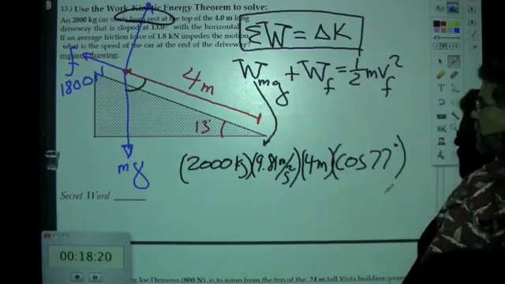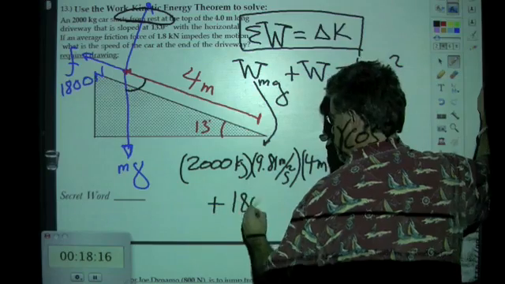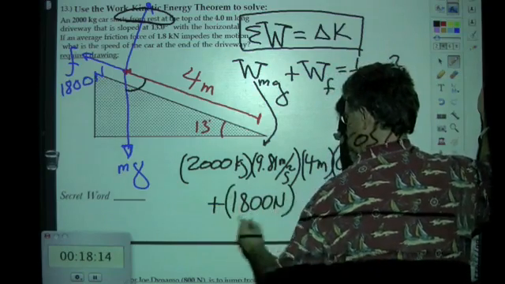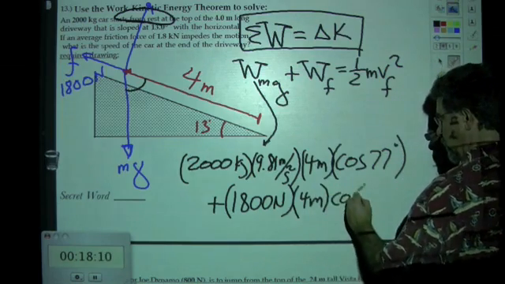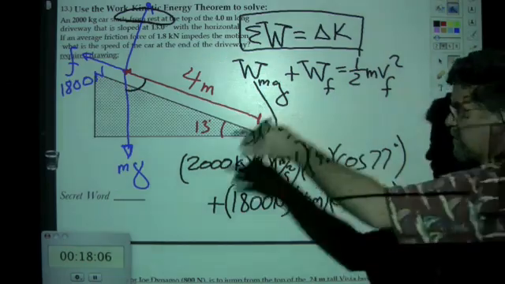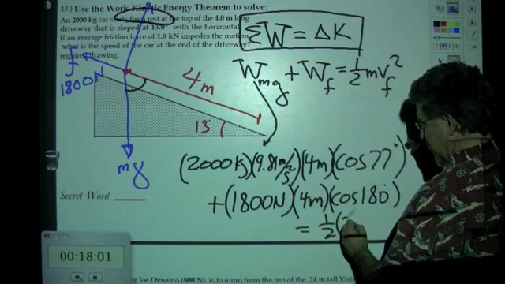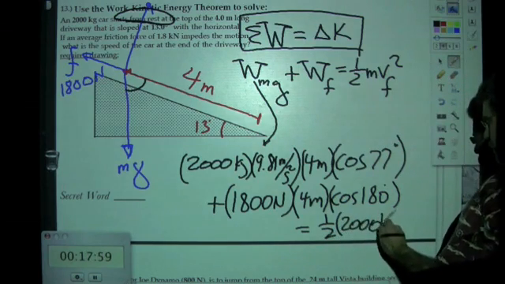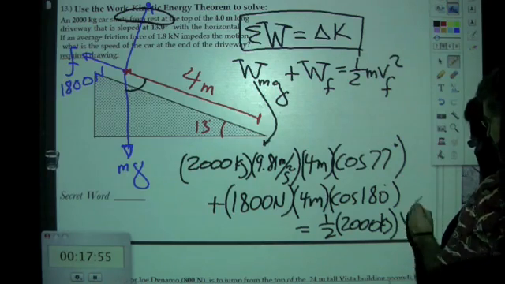Plus the work done by friction, which is going to be 1,800 newtons times 4 meters times cosine 180, always 180 for friction, because it's always in the opposite direction of motion, equals 1/2 mass, which is 2,000 again, times v final squared.